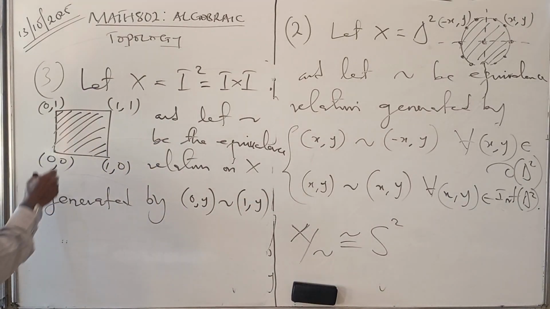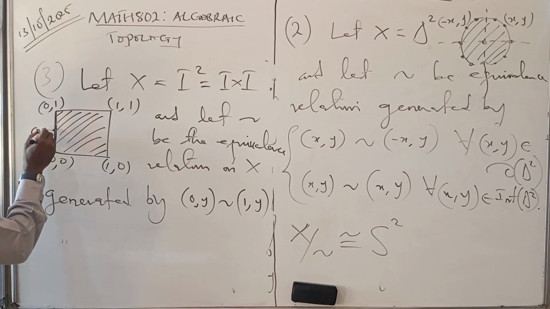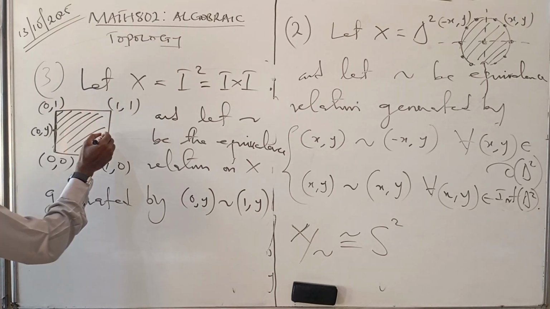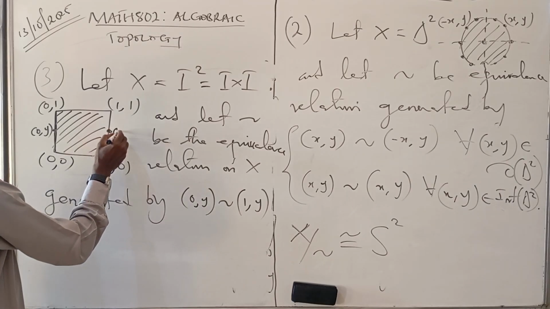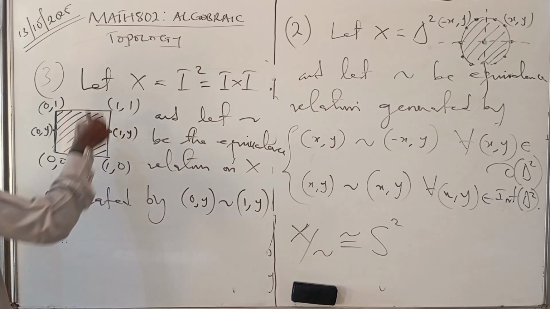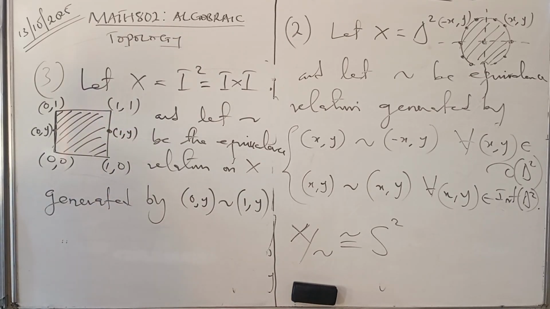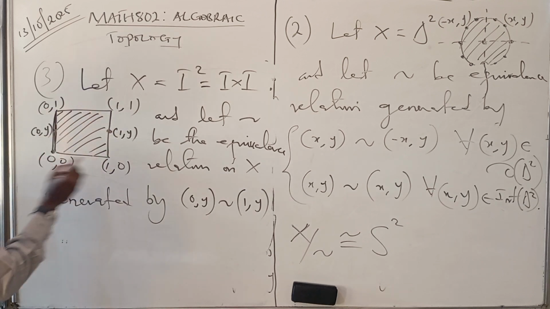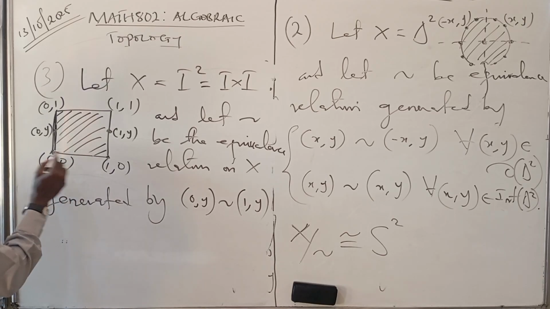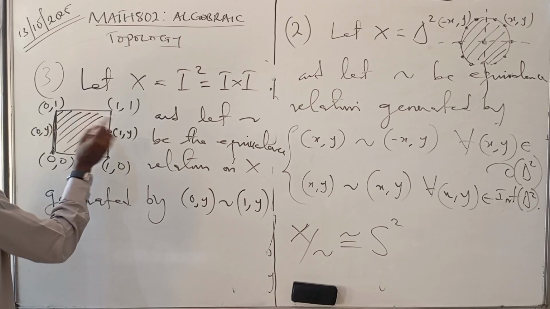So what I'm going to do is this: all these points are (0, y), and I'm going to identify them with this point here. These points are (1, y), because y is changing on this axis. So all these points I will identify with these, which means the point (0, 0) will be in the same equivalence class as (1, 0).